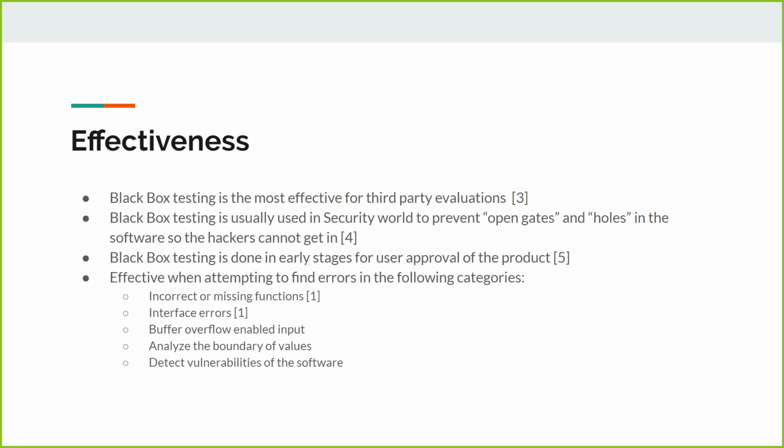Also, black box testing is done in the early stages for user approval of the product, or for user testing to see how users see the product, if the features work, and to test the user interface as well.